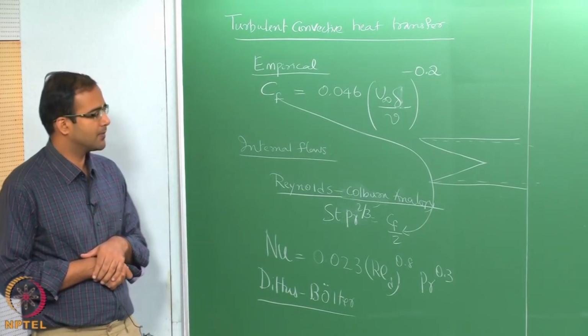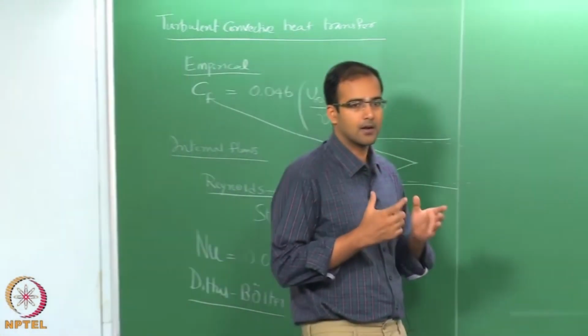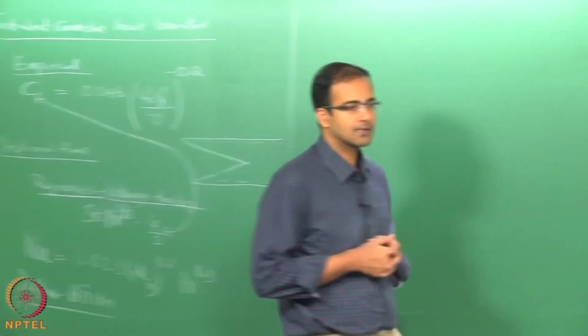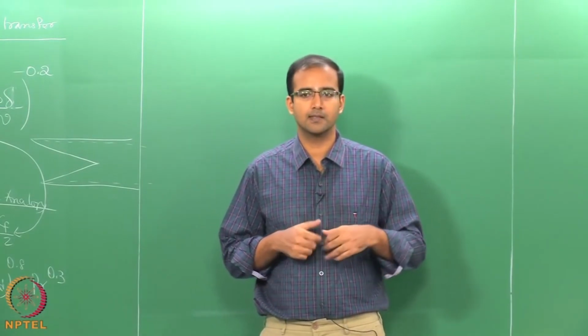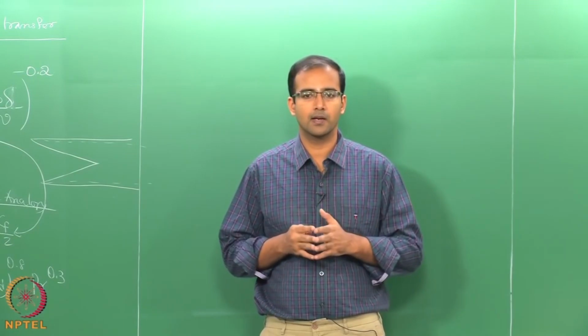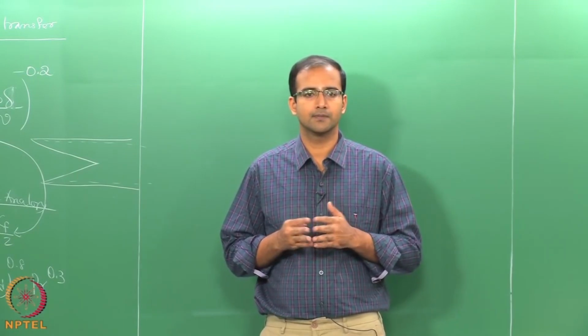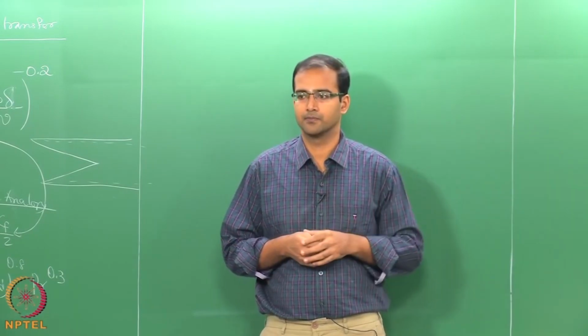Okay. So, please remember that in the turbulent fully developed flow, you do not have a constant value of Nusselt number like in the laminar case. The laminar case does not depend on Reynolds and Prandtl number, because you have only laminar boundary layer. Once it is merged, there is no effect of what you are putting upstream.